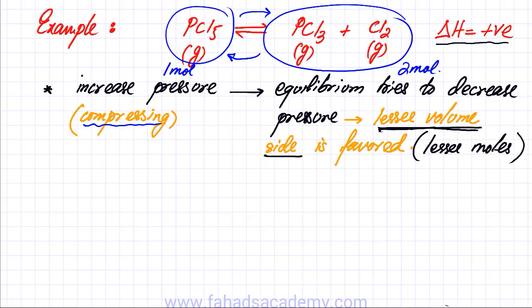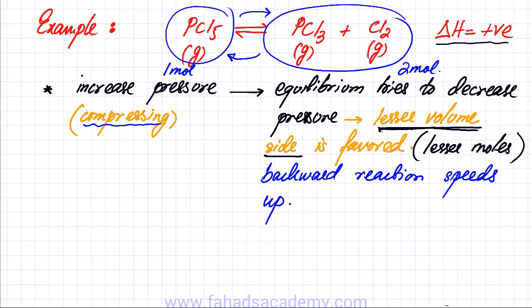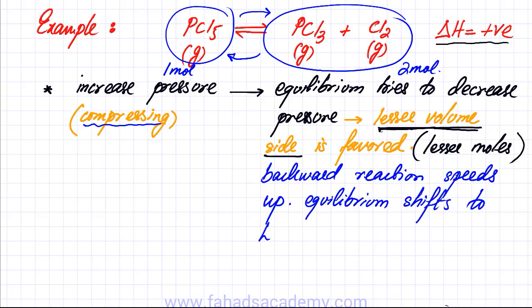So the lesser volume side is favored, which means that the backward reaction speeds up. If the backward reaction is speeding up, equilibrium shifts to the left hand side and favors our reactant side.